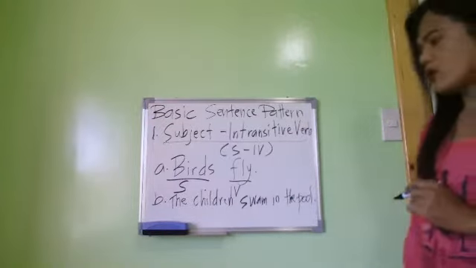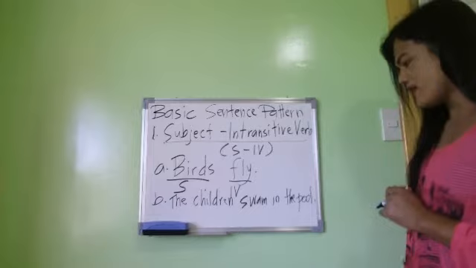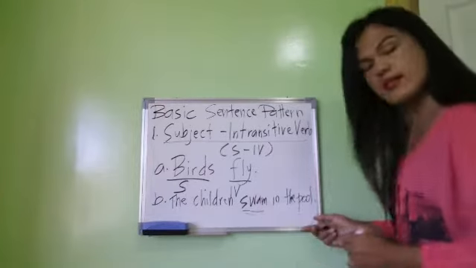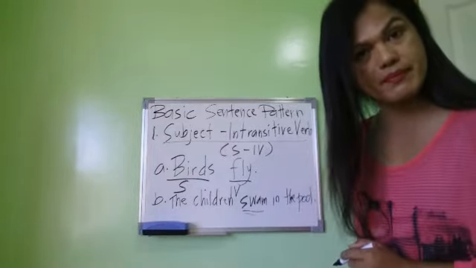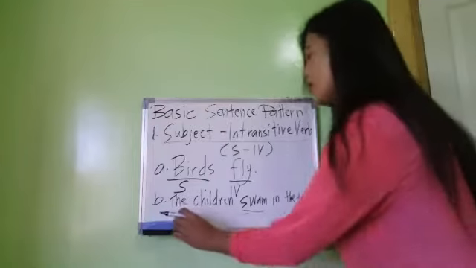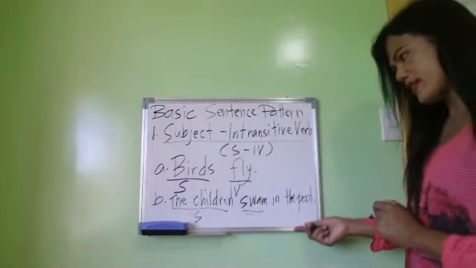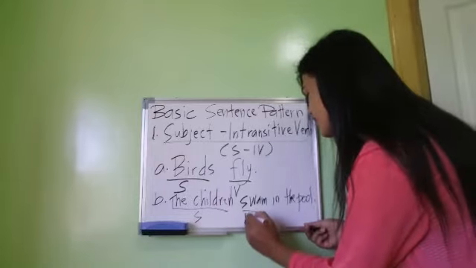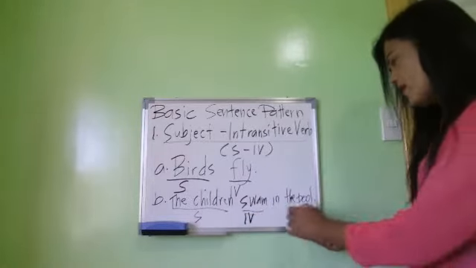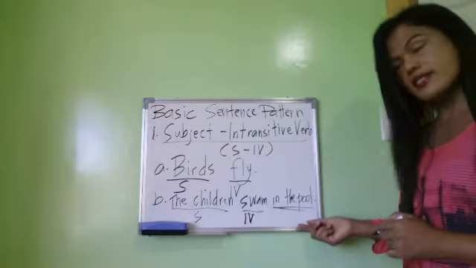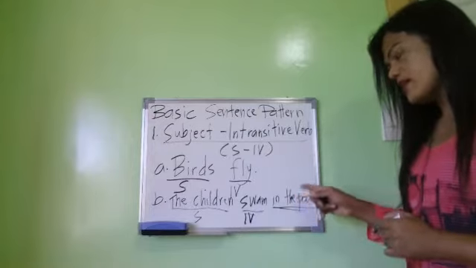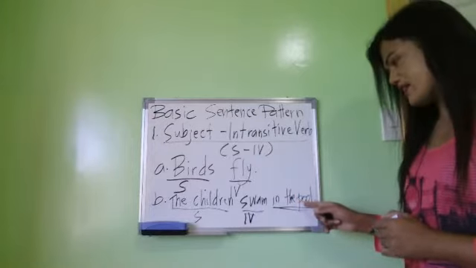So the children swam in the pool. Swam is the past tense of swim. In this case, this is your subject, the children, and this is your intransitive verb. Now, what is this? This is not an object. This is just part of the sentence.